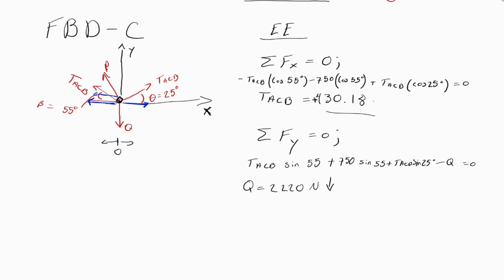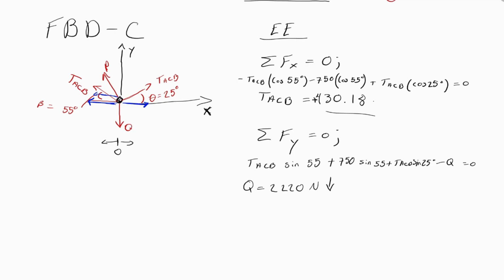So when you see the problem, you have to see what makes your calculations easier. In this case, TAC V was the same, and so we can make everything into terms of TAC V, and we knew P already, so that's why we started with the x direction. And now that we have TAC, we can go down to Q.